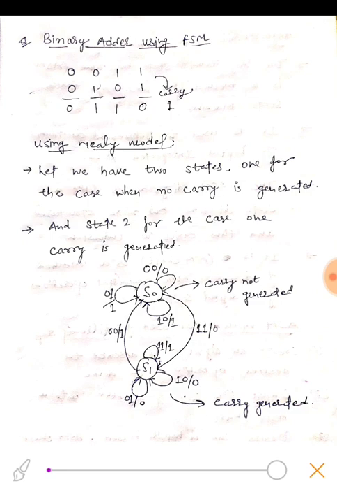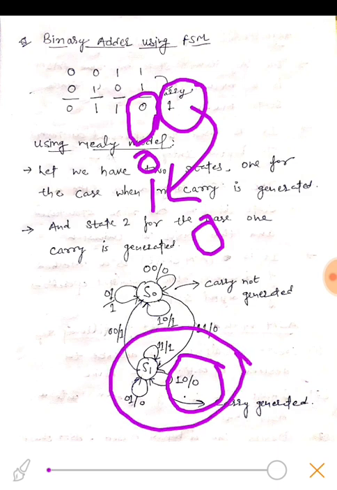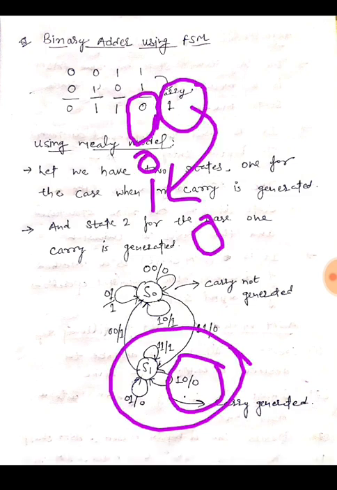If it is in state S1 and the input bits are 0 1 and a carry was also there, so when I add them it will give 0, but a carry is generated once again, so it will remain in state S1 for this combination.